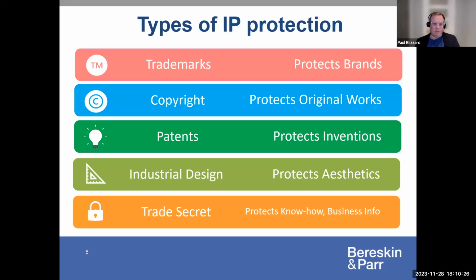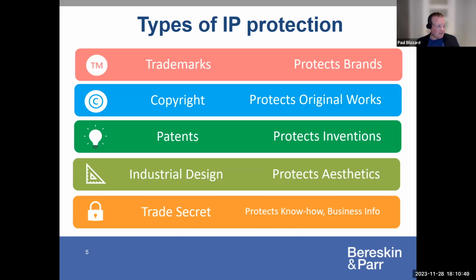From a high level, these are the main areas of IP protection that you should be familiar with as you start your commercialization and your work. There are many different types. Trademarks are a type of protection that protects brands.